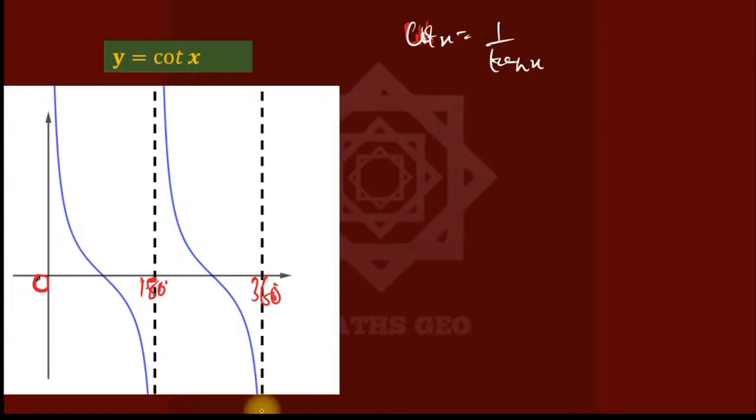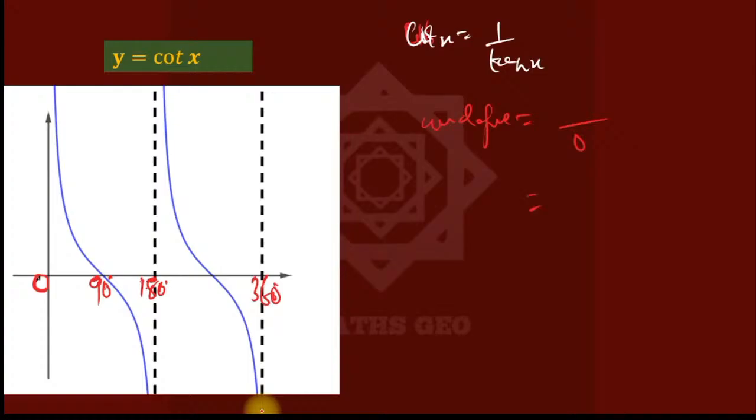Now the other way around. This is now 90, where tan is not defined. Remember, undefined means division by 0. If you reciprocate, where tan is undefined, cot will be defined, it will be 0.